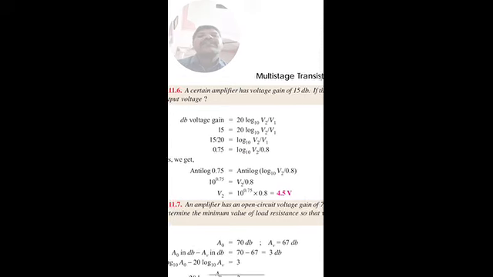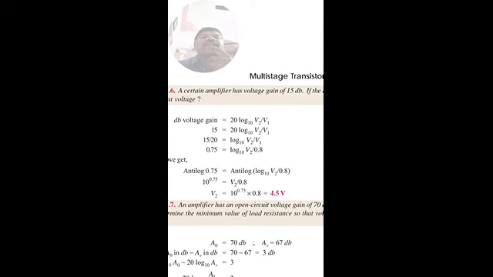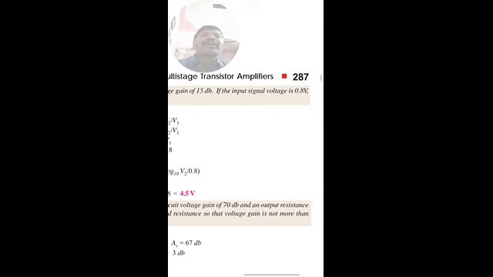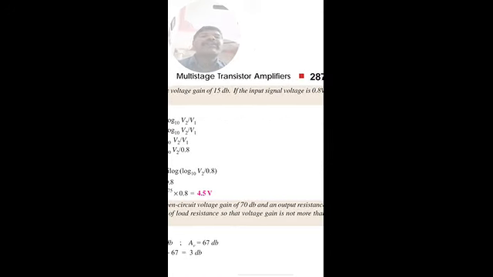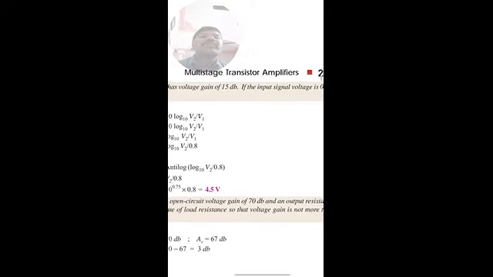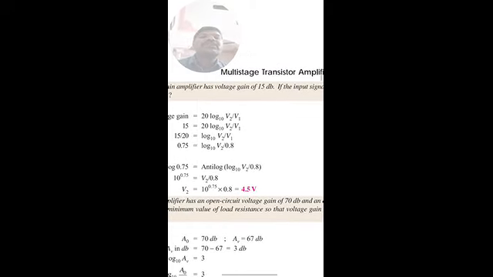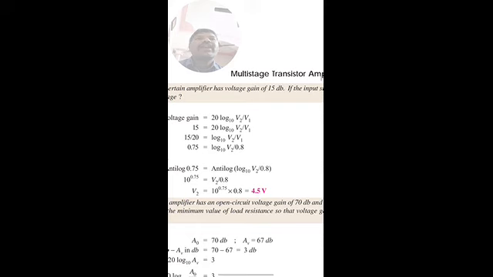Here the gain is given in dB, so we have 20 log of V out by V in to the base 10 is equal to 15 given, and V in is 0.8, so we have to find V out.